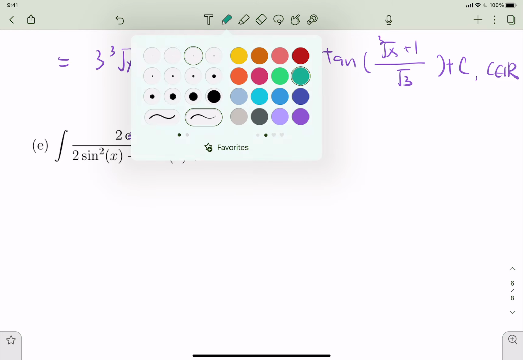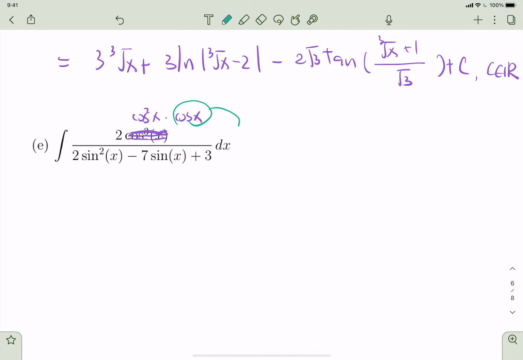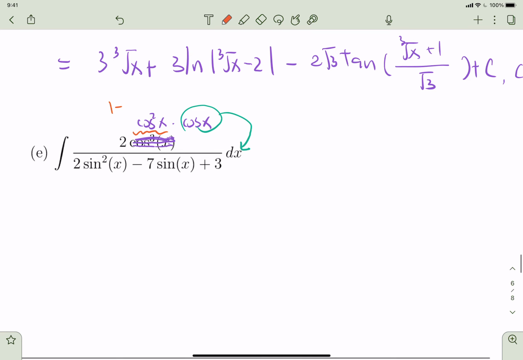And we're gonna put this cos x into the differential so that it becomes d sine of x. And for the other cos square x here, we're gonna write it as 1 minus sine square x as the replacement.